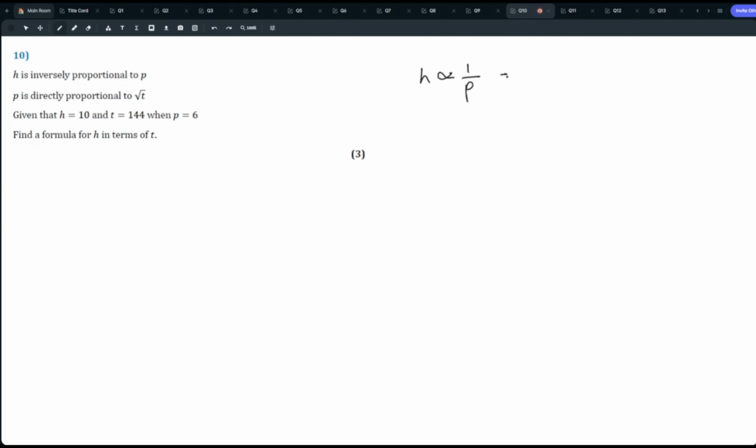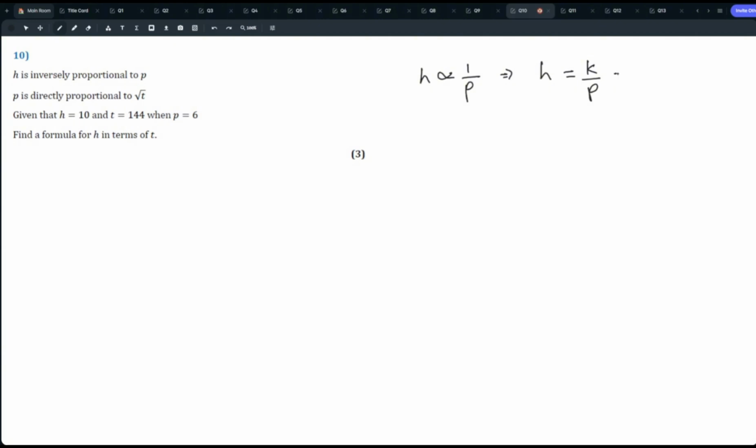Now I could build off this by saying H is equal to K over P, where K is our constant to be found. So that is our equation for H. I'm just going to leave that there. And it says in the question, given that H equals 10, T is 144, when P is 6.